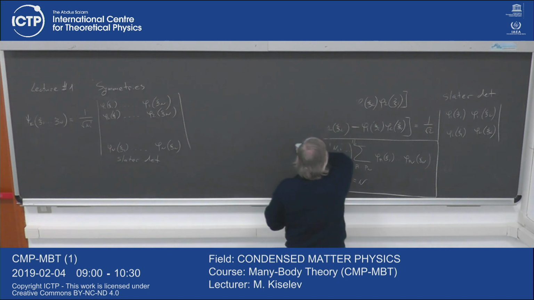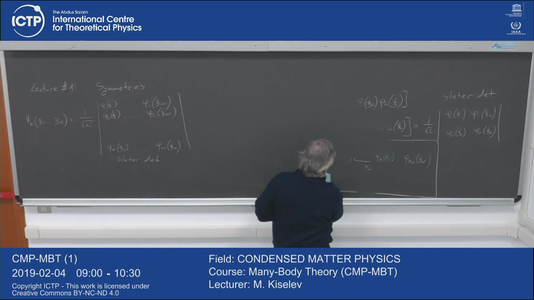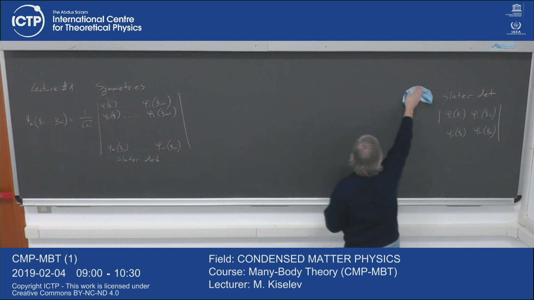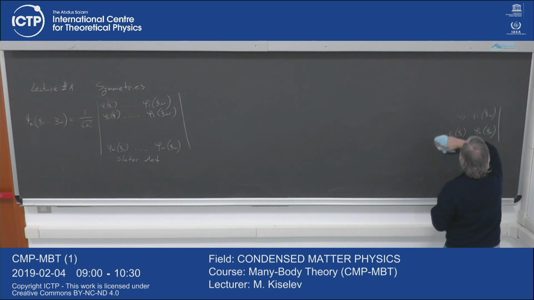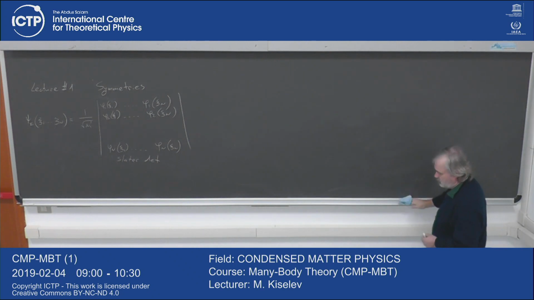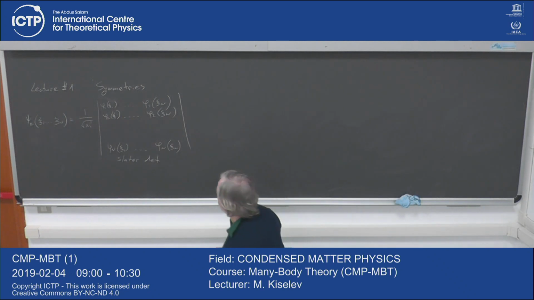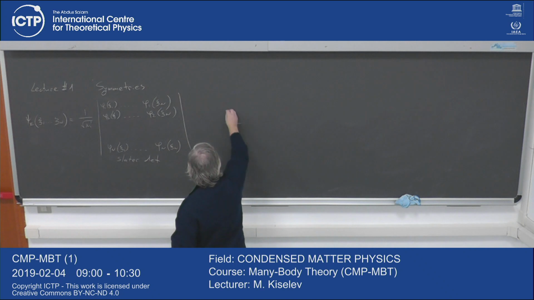So in the course, sometimes I will come to elementary examples. In these elementary examples, I will refer to a quantum box, so particles in a quantum box. So what is a quantum box?